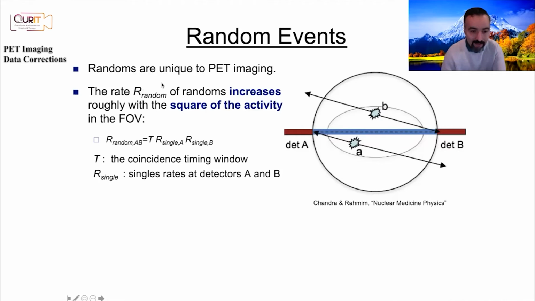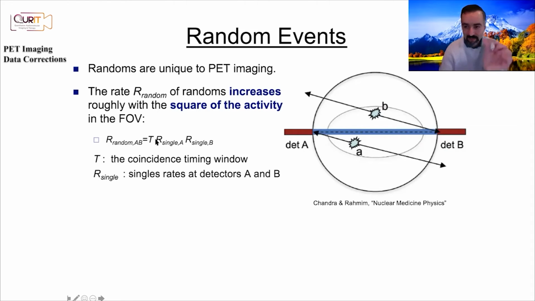Now, the rate of getting such events, let's say along the path from A to B, the line of response along A to B, is actually given by this equation. You can try to convince yourself that this equation is correct, where T is the coincidence timing window. And this is the rate of just singles arriving in here from anywhere, the rate of just getting singles here and the rate of just getting singles here.